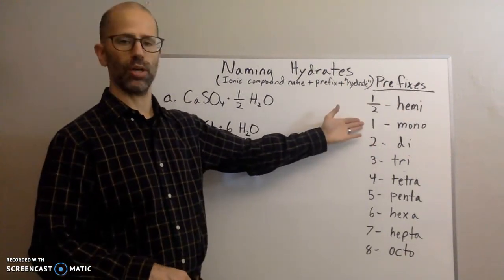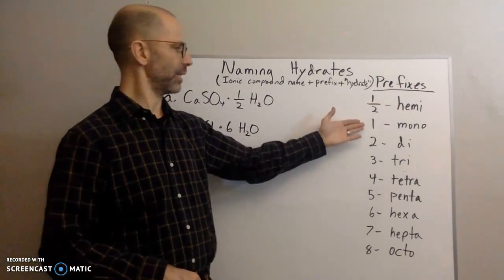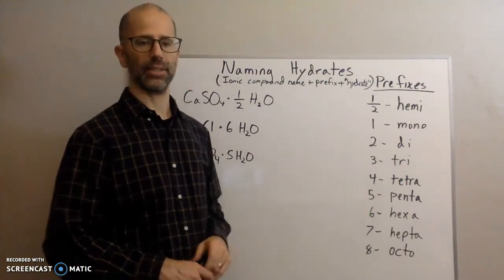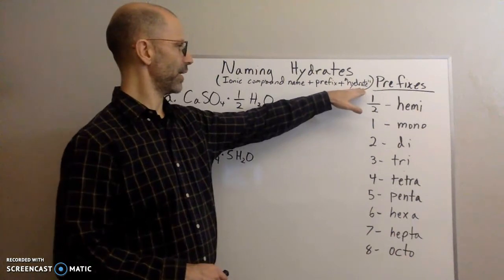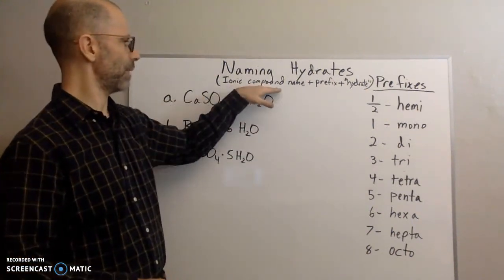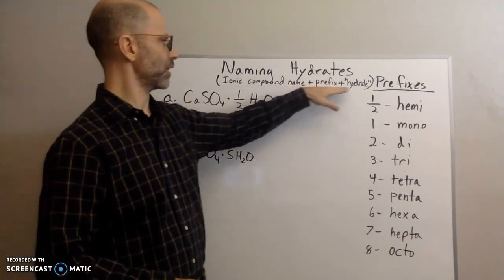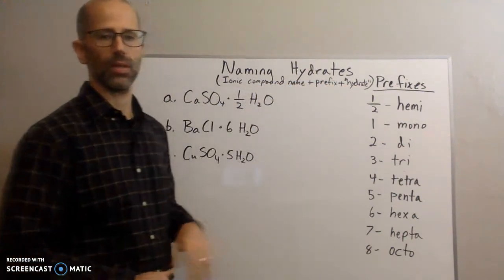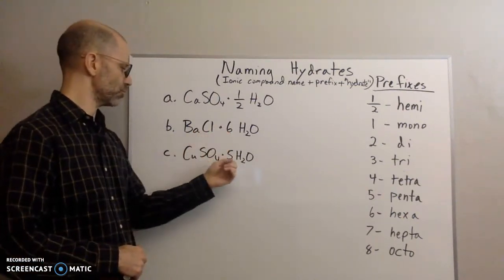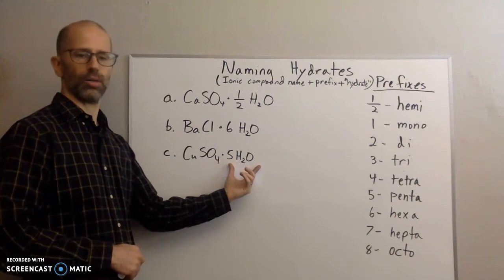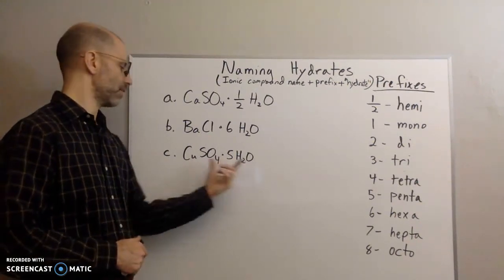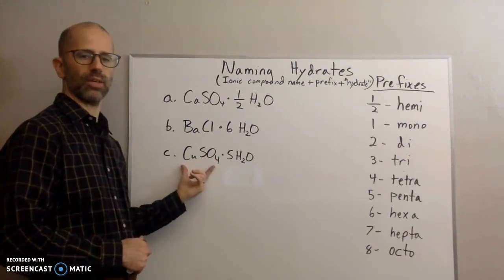If you have 1 mole of water, then that's going to be mono. If you've got 6, it's going to be hexa. And then followed by the word hydrate. So it's going to be the name of the compound, followed by a prefix, then hydrate. Okay? And then these numbers represent ratios of the number of water molecules I have, or moles of water I have, per one of these.